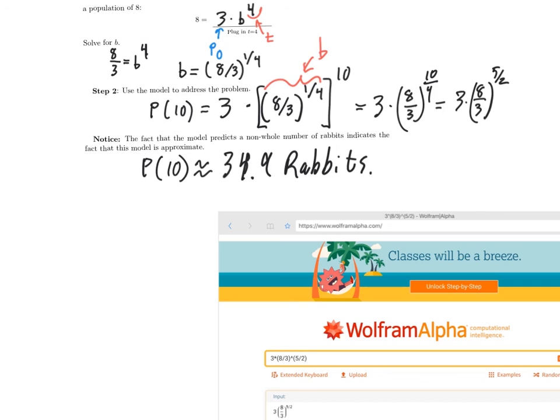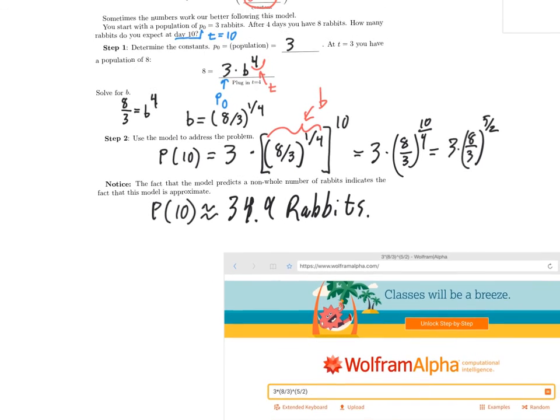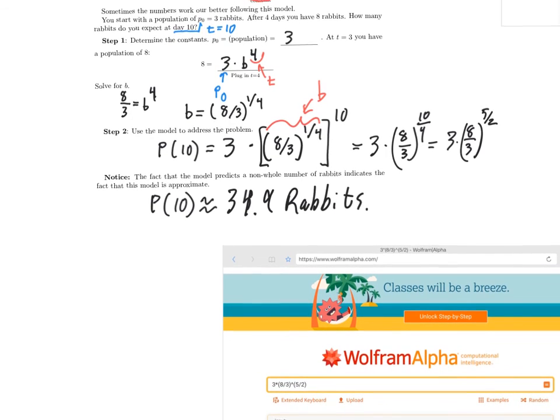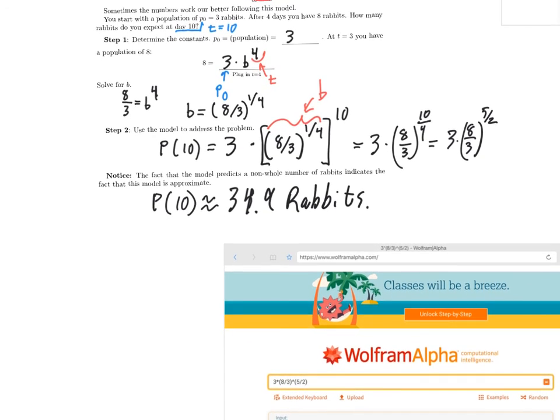There's a single moment when an individual is born. It would predict a population of 35 rabbits, which is also absurdly big. But that was built into the fact that the problem was stated absurdly. Right? A population of rabbits going from 3 to 8 in the course of 3 days is excessive.